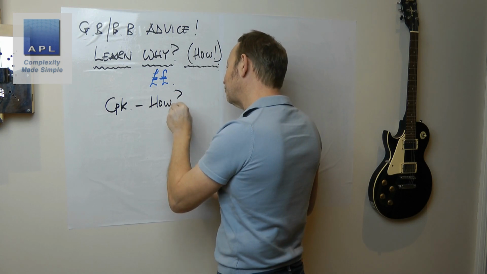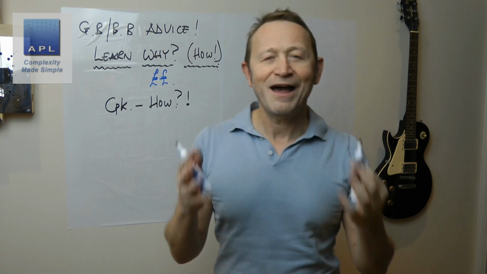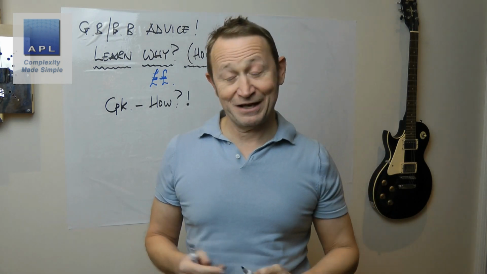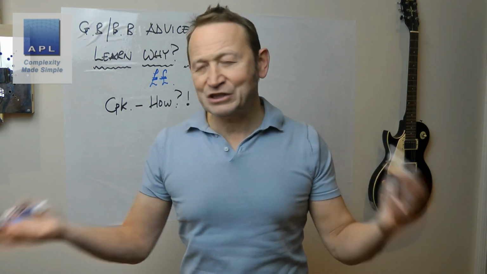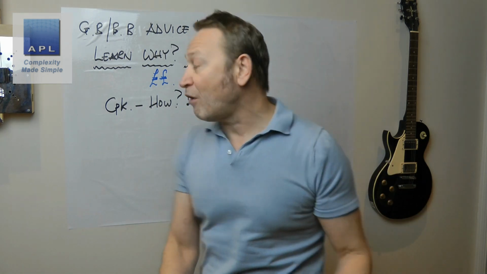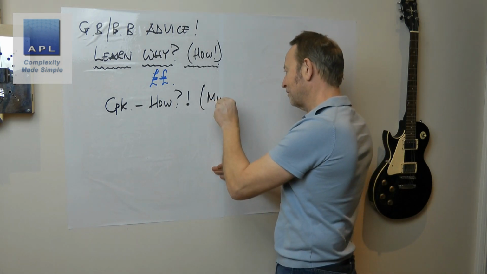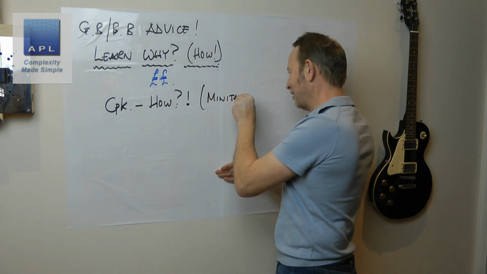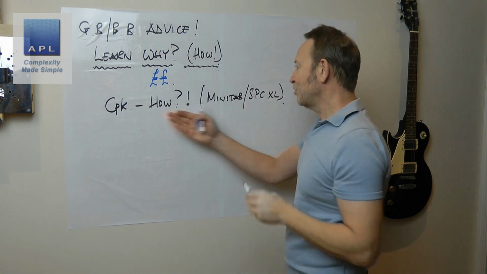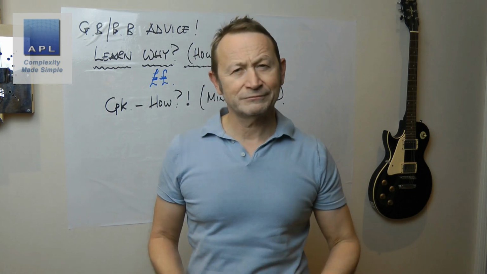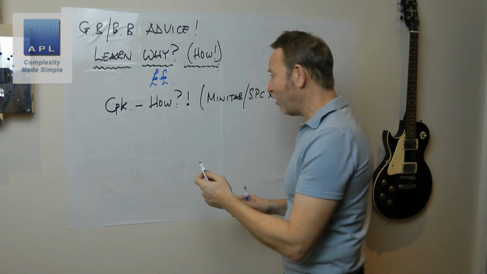They're going to want you to know how to calculate CPK or how to calculate CP. And it's nice to know that, but quite honestly, think about it. What am I going to do? I'm going to let Minitab or SPCXL do this. Do I need to know how? Not really. Let's talk about why.